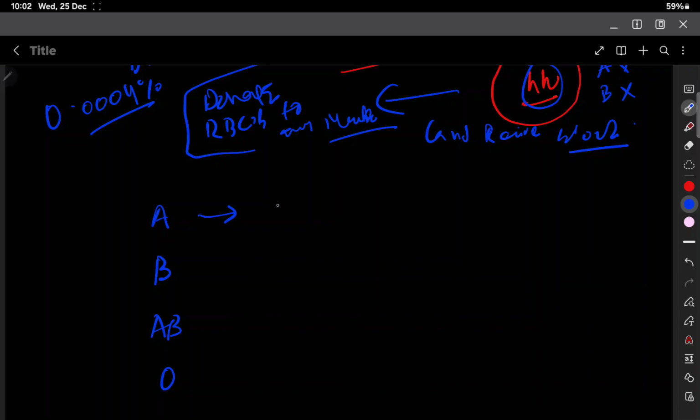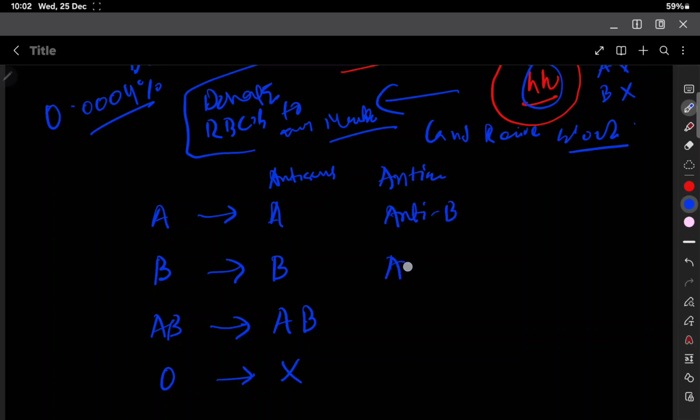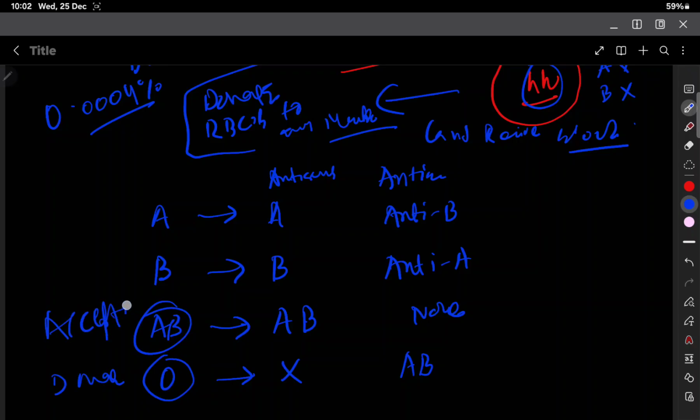The antigen present in A is A, in B is B, in AB is A and B, and O has none. These are antigens. Now antibodies: present in A is anti-B, in B is anti-A, in AB is none, while O has both anti-A and anti-B. That's why O is a universal donor and AB is a universal acceptor.